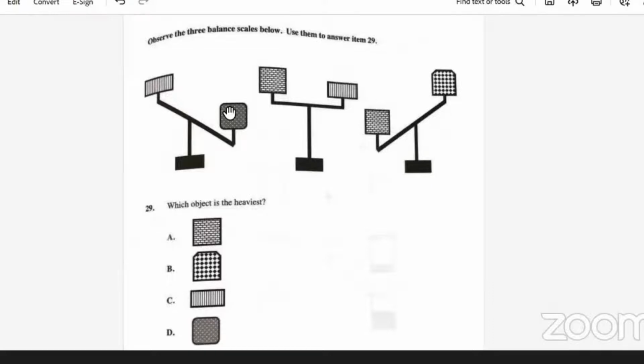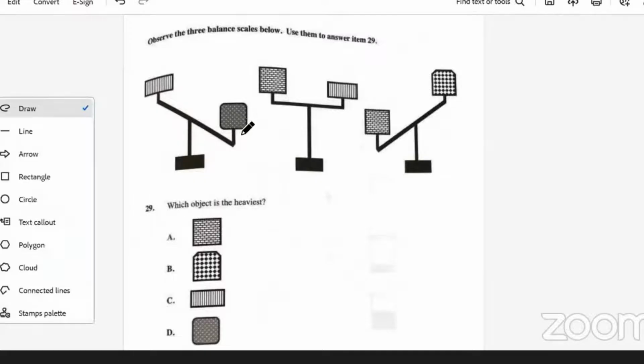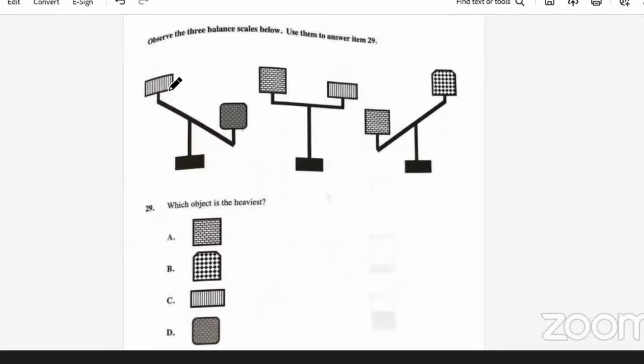Let's look at them. So far we know that this is heavier than this one, so this can't be the heaviest. And since it's heavier, this also can't be the heaviest.